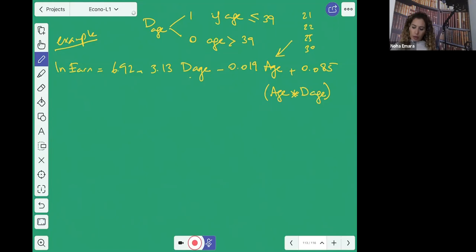Now, this interaction term is here to differentiate between people who are 39 and less, and people who are strictly more than 39. Okay, so if I ask you, what is the earning equation, or what is the regression for age less than or equal to 39?